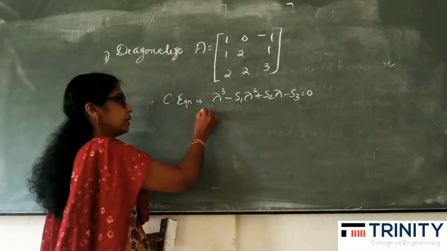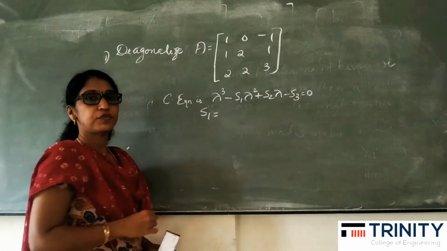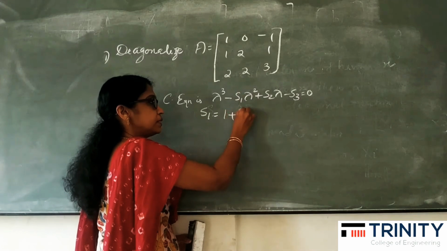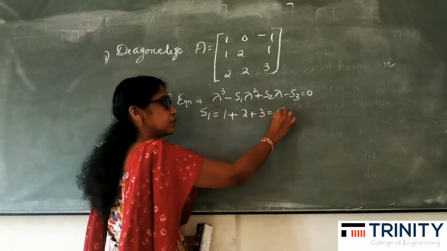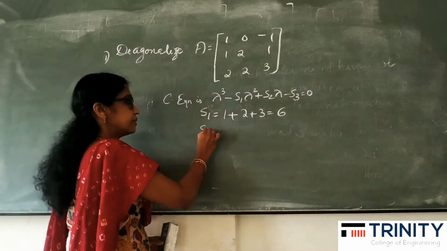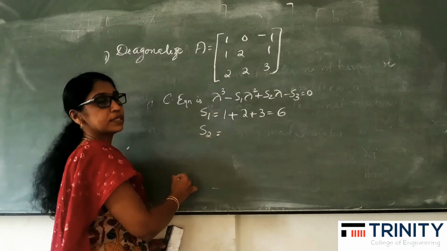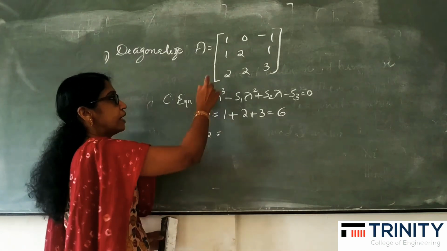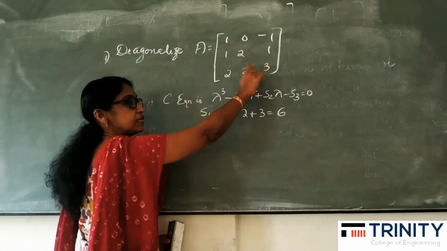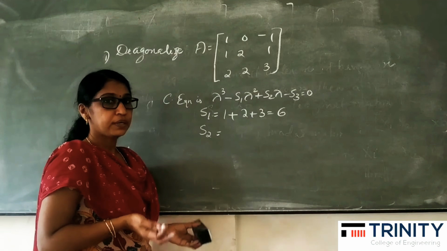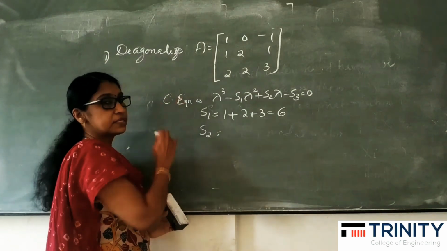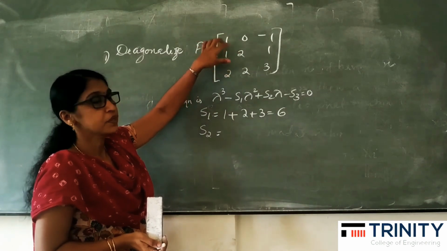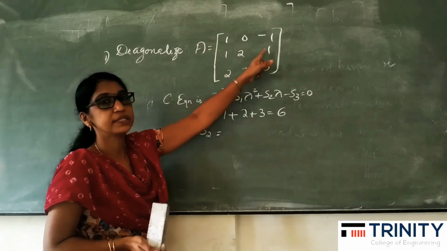And what is S1? S1 is the sum of the principal diagonal elements, that is 1 plus 2 plus 3, which is equal to 6. And S2 is equal to the sum of the minors of the diagonal elements. So we have to find the minors of these three elements and take the sum. First, the minor of 1 is 6 minus 2.